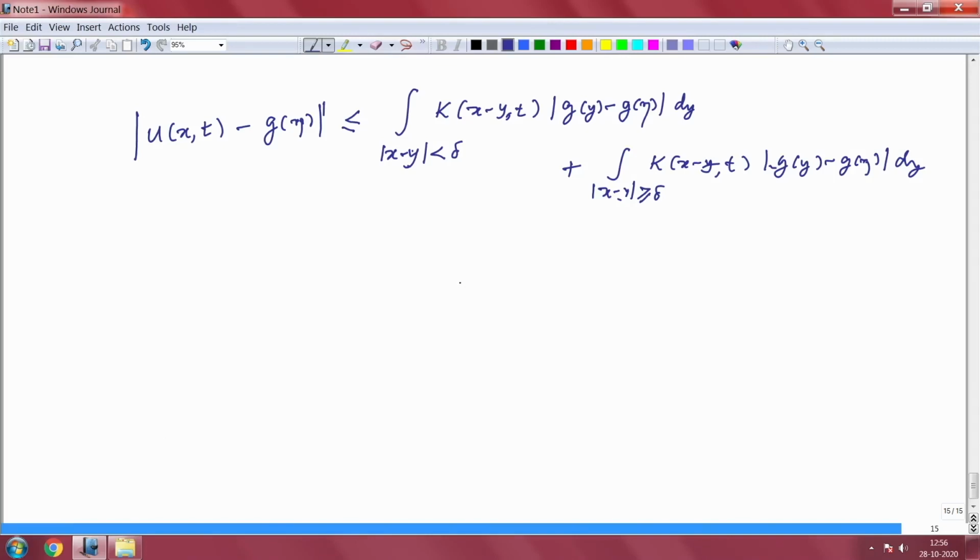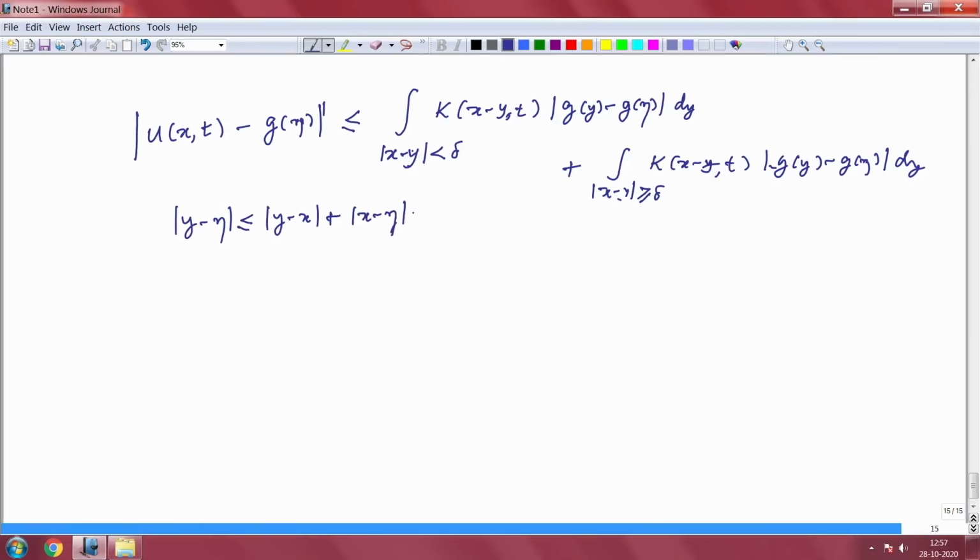So, what about |y - eta|? By the triangle inequality, it is at most |y - x| plus |x - eta|.